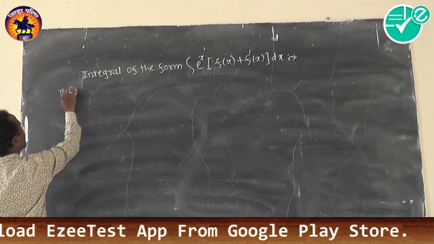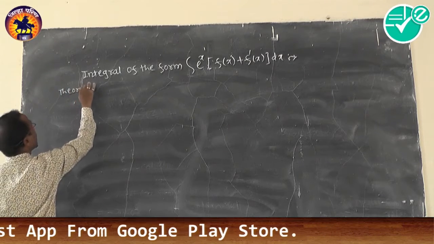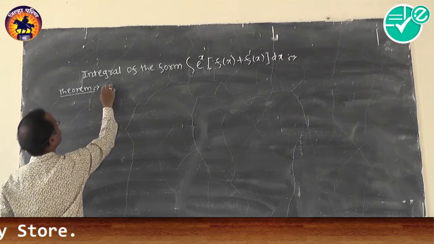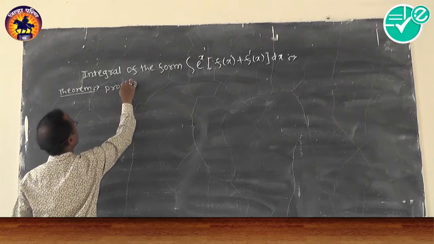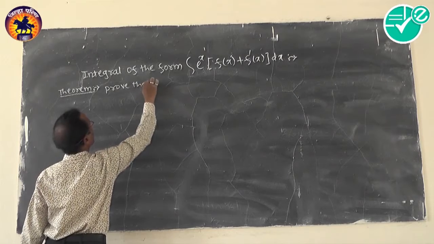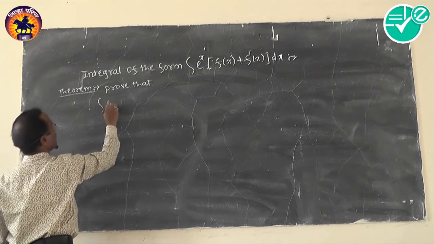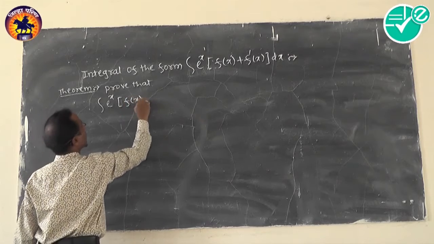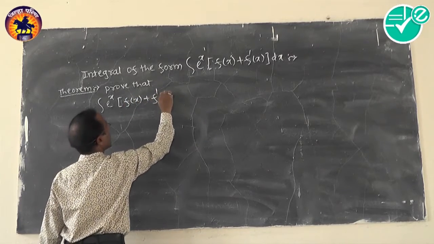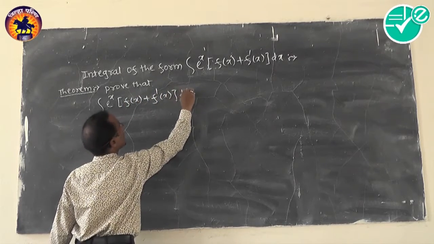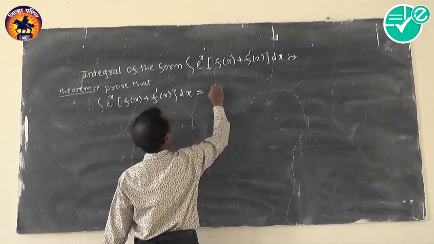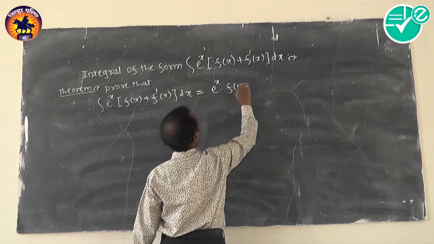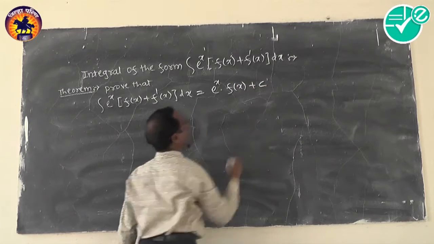Now theorem. Prove that integral of e raised to x into f of x plus f dash of x dx is equal to e to the power x into f of x plus c.